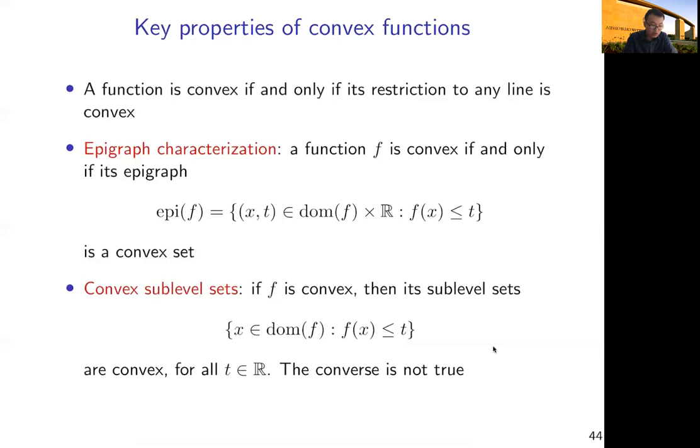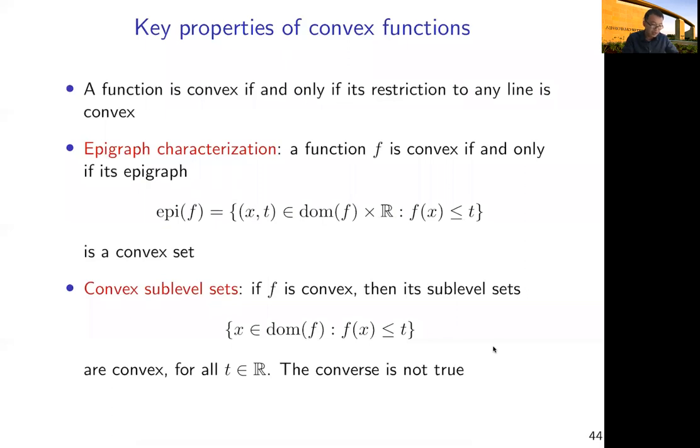If the restriction to any line remains convex, then this is a characterization of a multivariate function being convex.